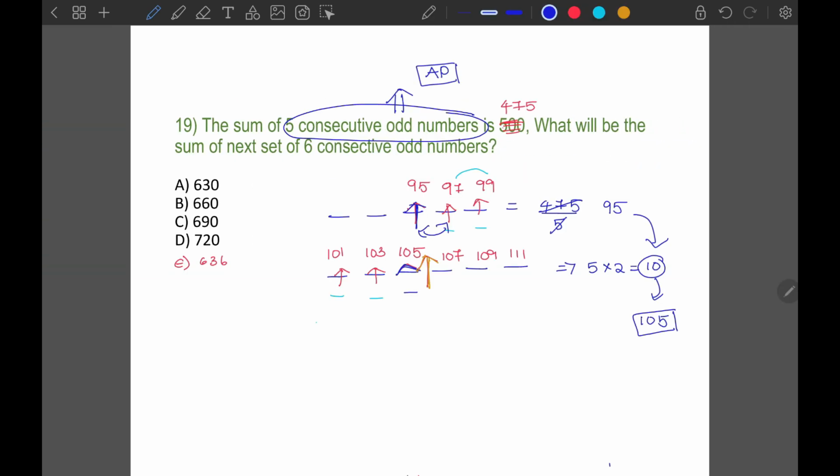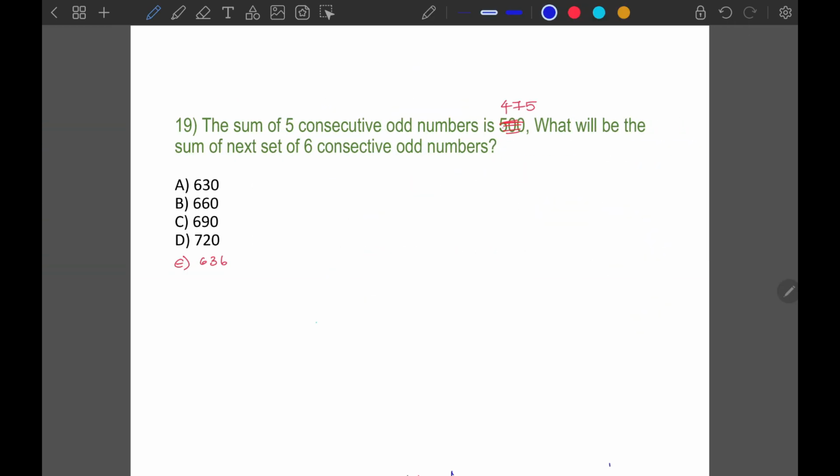Shall we? Now let us try to solve this question. Given the sum of 5 consecutive odd numbers is 475, what will be the sum of the next 6 consecutive odd numbers is the question.